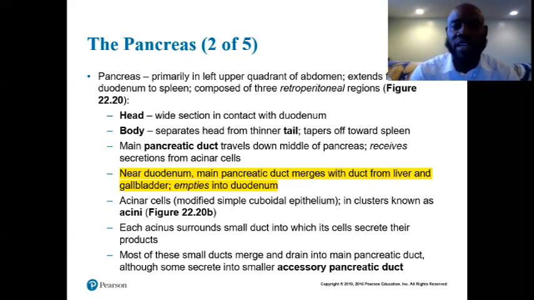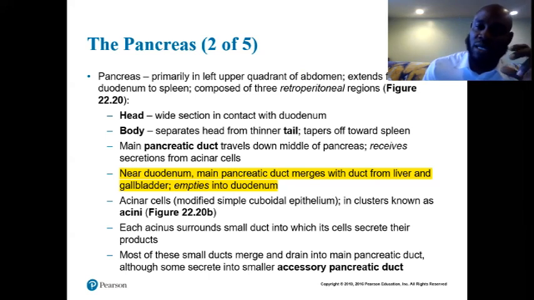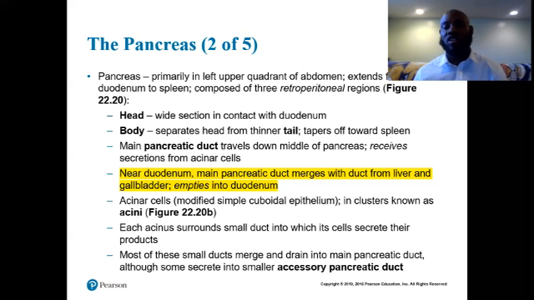All right, so the pancreas is in the upper left quadrant of the abdomen, and it has three sections. It has a head section, which is a wide section that's in contact with the duodenum. Remember the duodenum, the first part of the small intestines.